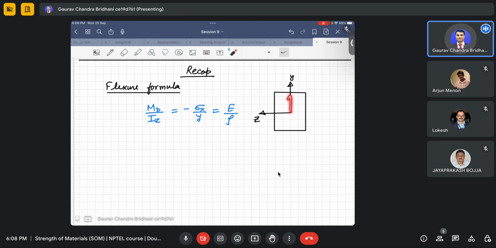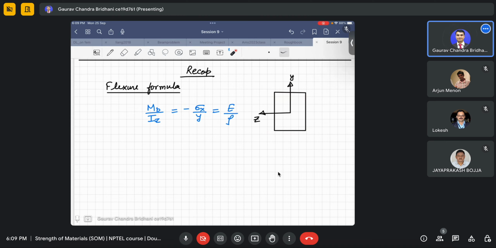When y is positive, we know that for a positive bending moment, that is sagging, the top portion of the neutral surface is in compression and the bottom is in tension. To represent that, if we go in the direction where y is positive, we find sigma being negative, which shows compression. And when we go in the negative part of y, the sign vanishes and we get tension, which is positive. For that purpose we use this.